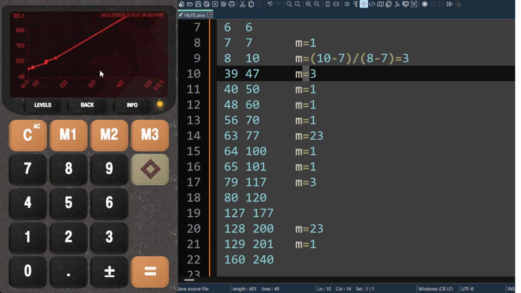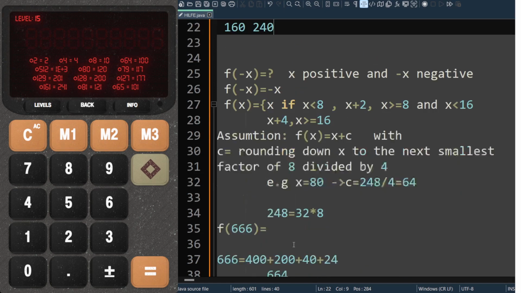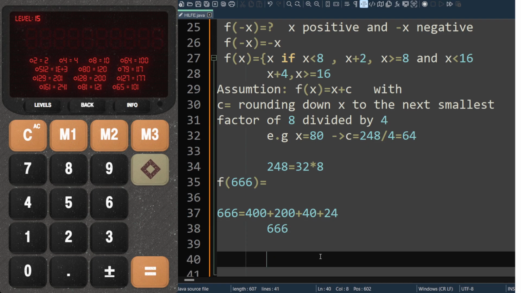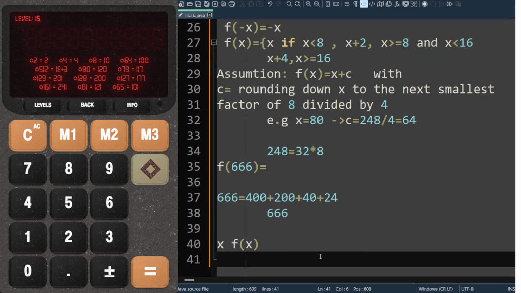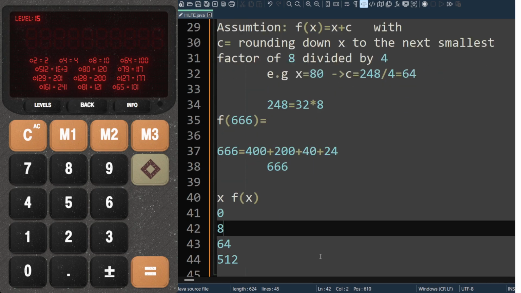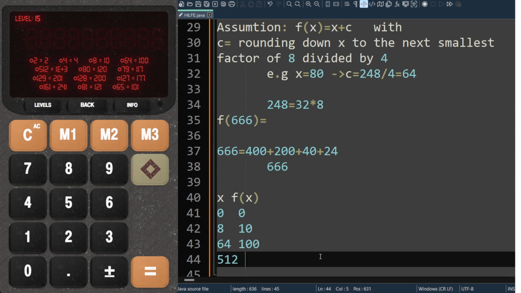This looks like a logarithmic function. What I just saw was, if we typed in x and f of x, and x equals 0, 8, 64 and 512, and we get our numbers 0, 10, 100 and 1000.